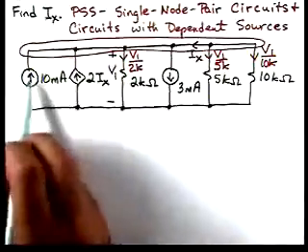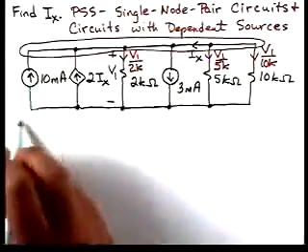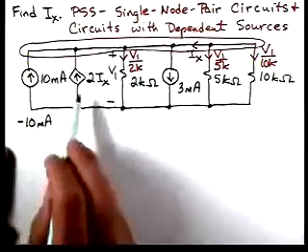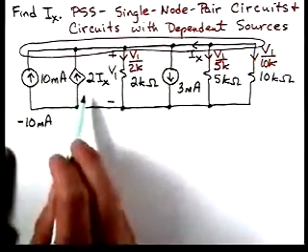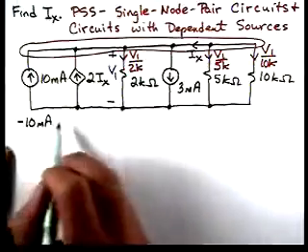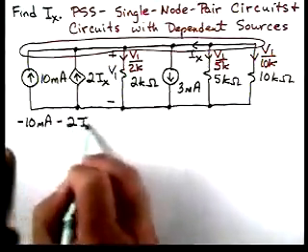So we have 10 milliamps entering, so that's minus 10 milliamps leaving. We have a dependent source, current 2Ix. Now, if you remember from our strategy for circuits with dependent sources, we're going to treat that as an independent source while we're writing the equation. So this is minus 2Ix.